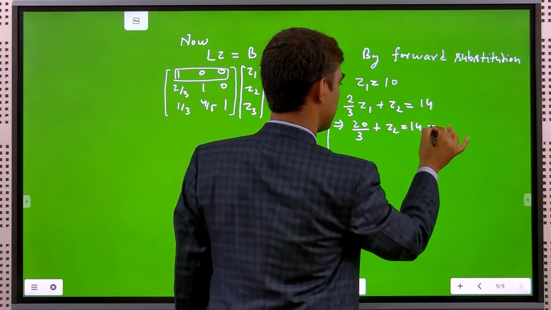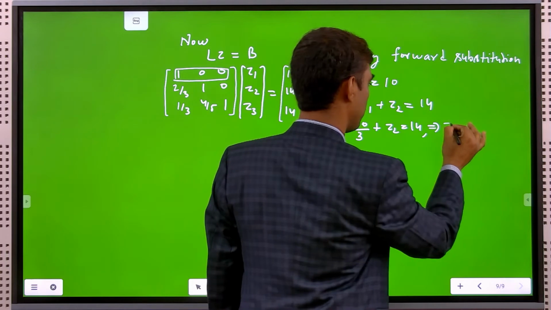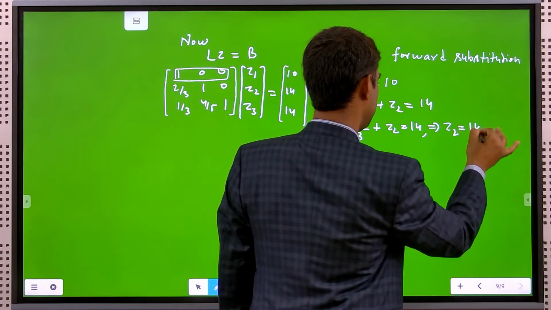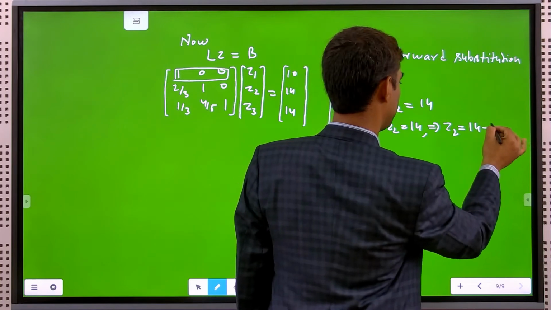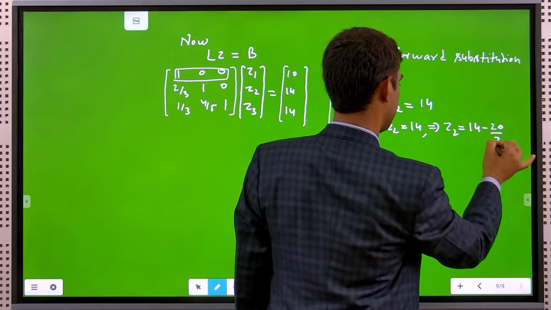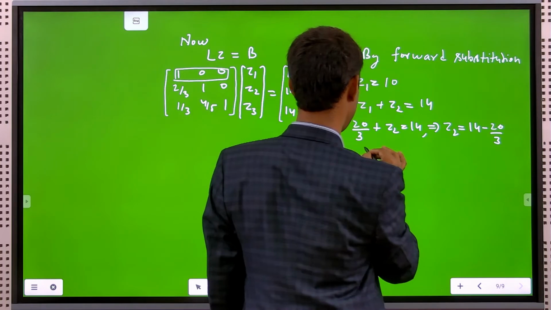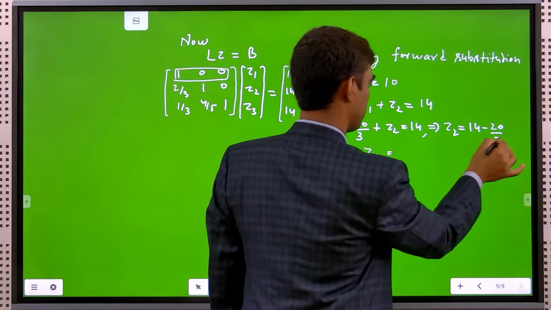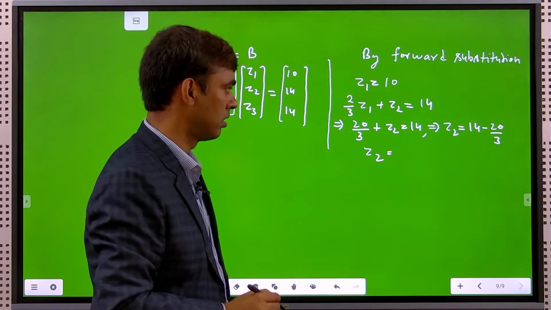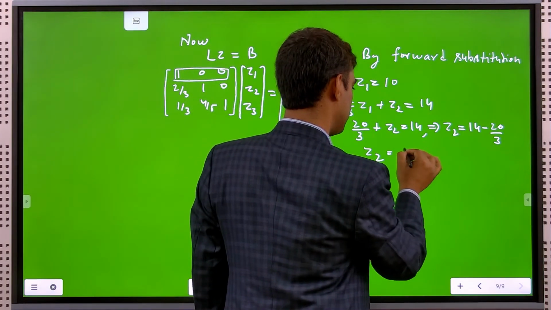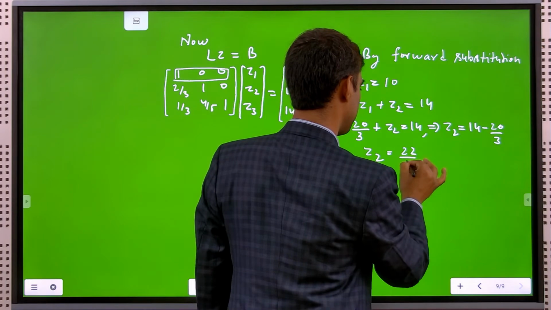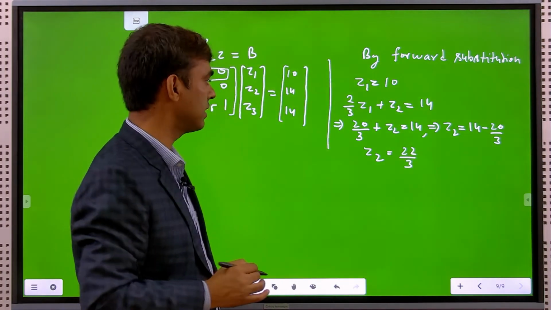This implies that Z2 equals 14 minus 20 by 3. So what does this become? Z2 equals 14 threes are 42, 42 minus 20, this becomes 22 by 3.